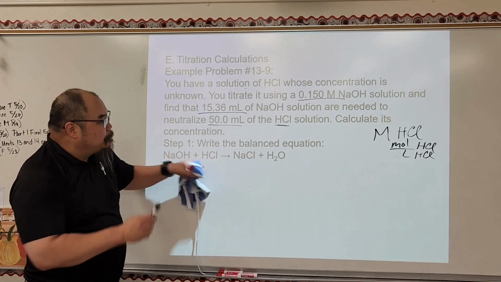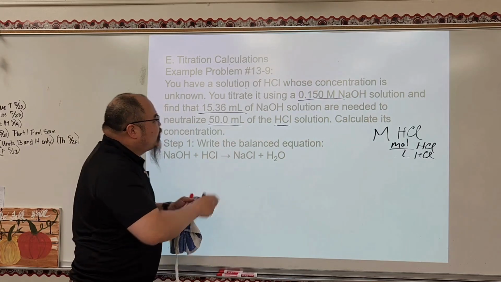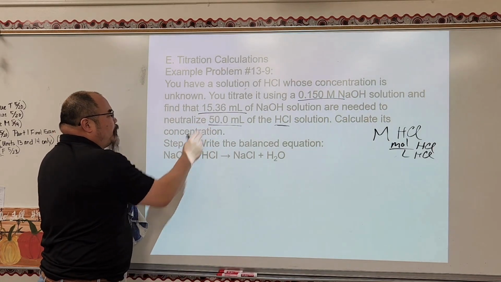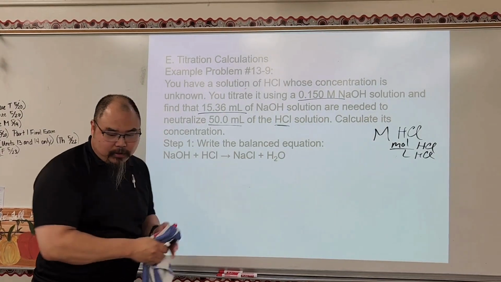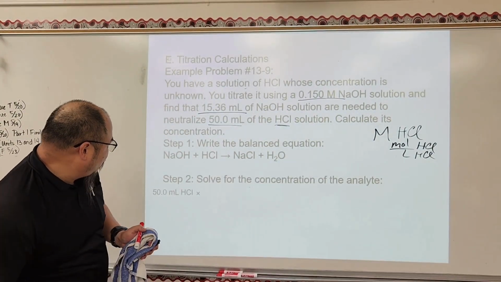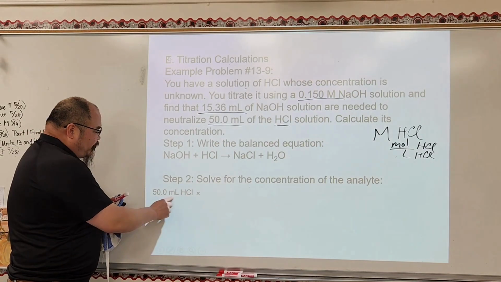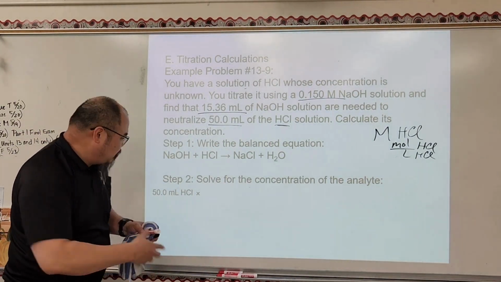All right. So our board is a little bit short, so we're going to do a little shortcut. We're going to actually convert the volume of the acid into liters ahead of time, so it fits into our equation. So here, we start out with 50.0 milliliters of hydrochloric acid. We want to convert it into liters.